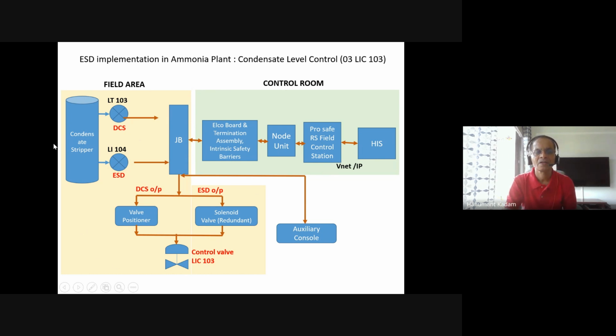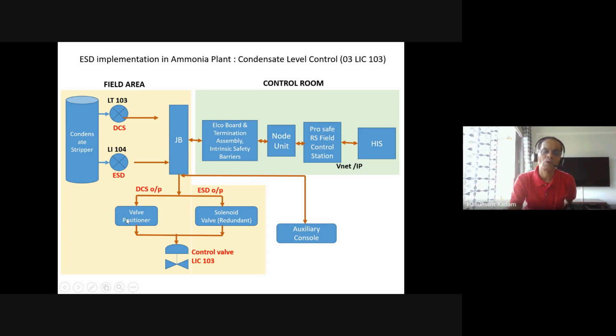However, this loop is also controlled through an auxiliary console, the normal earlier control with push buttons and indicators. Through that you can control. I will show you the auxiliary console pictures. At the same time, the level control valve is operated through two outputs, DCS as well as the emergency shutdown system output.